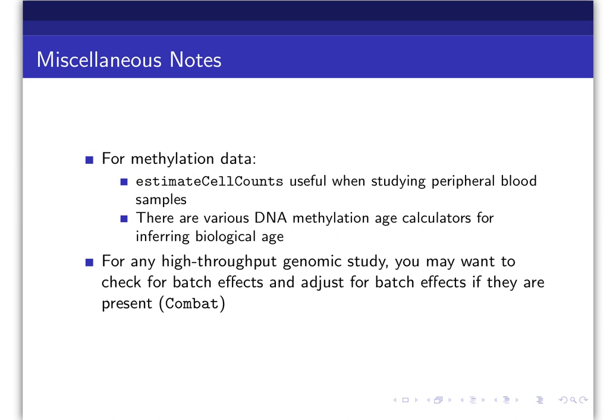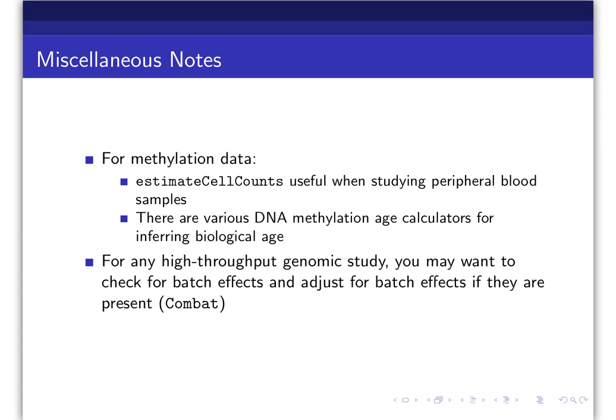Some topics are considered to be more advanced and thus are not covered in this course. However, mentioning these topics may be useful for those of you who plan on analyzing high-throughput genomic data in your research program. First, when studying peripheral blood samples, remember that DNA methylation is a normal process that is tissue-specific.